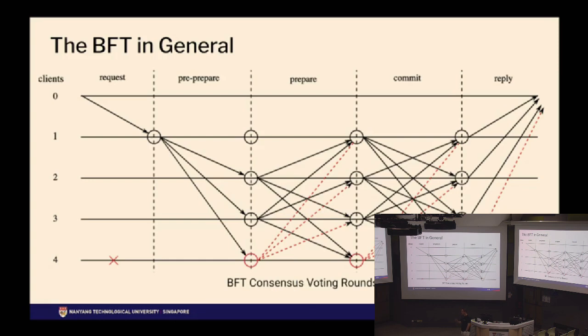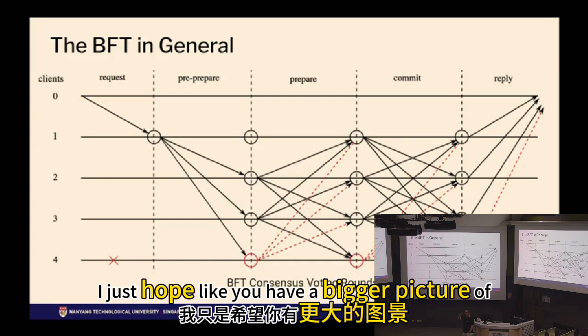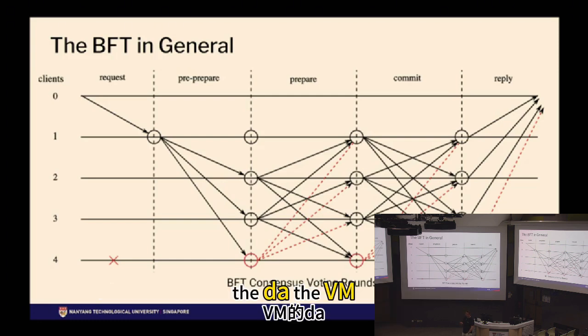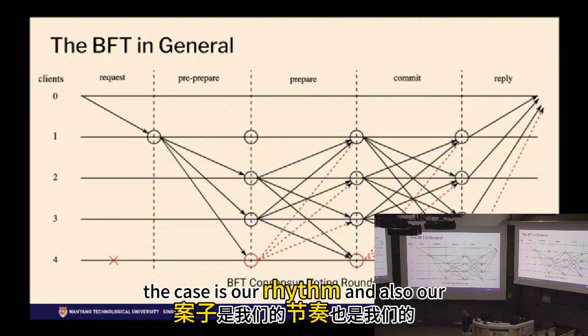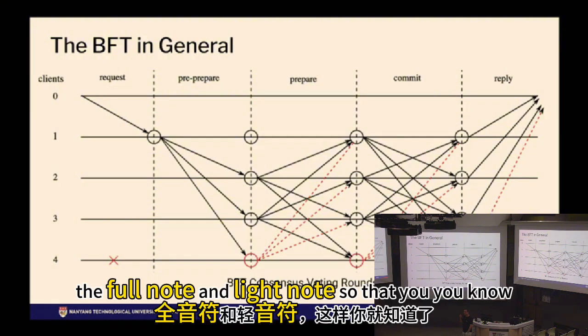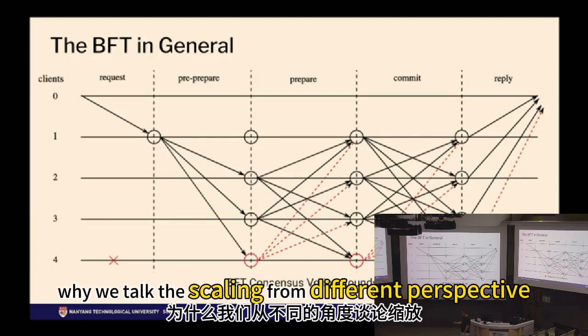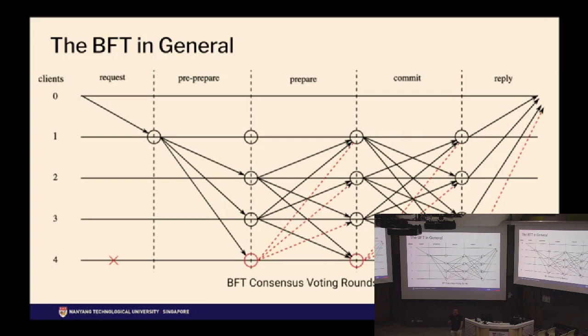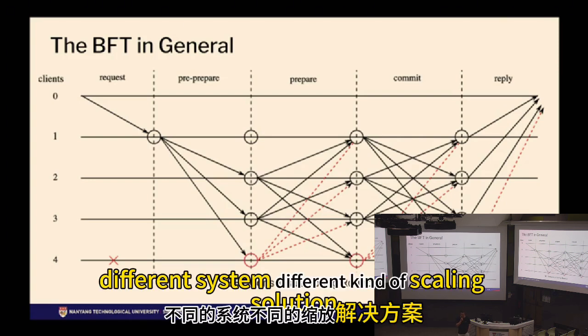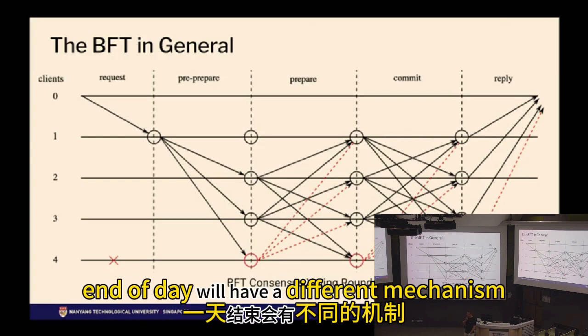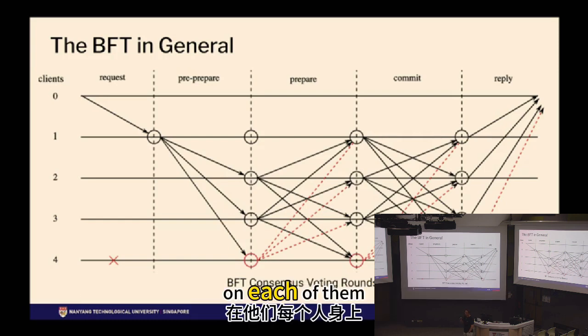Is it clear? I just hope you have a bigger picture of the DA, the VM, the consensus algorithm, and also the full node and light node, so that you know why we talk about scaling from different perspectives, because different systems, different kinds of scaling solutions, at the end of the day, will have a different mechanism on each of them.